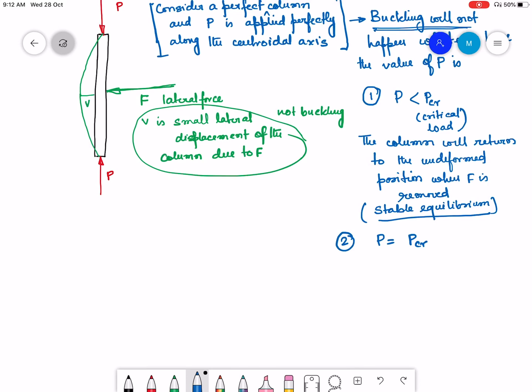So the column will remain in the deformed position when F is removed. Okay, and this is the neutral equilibrium.